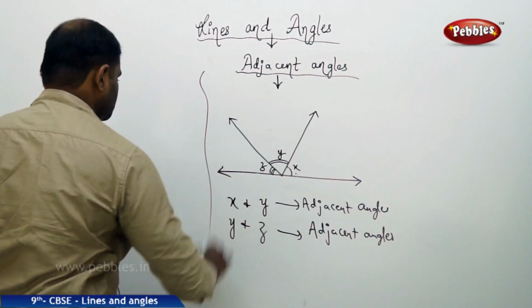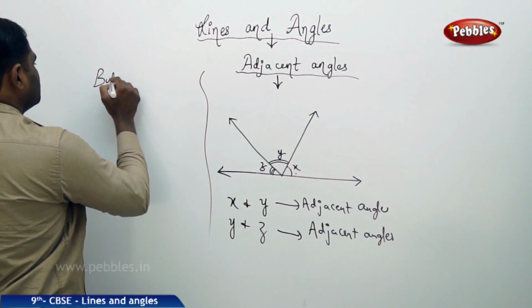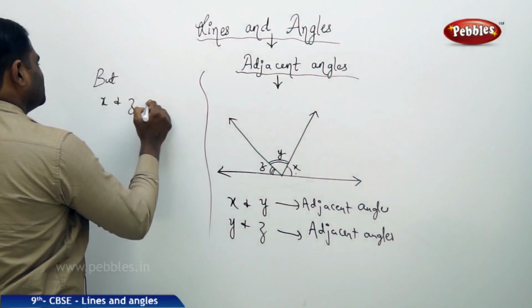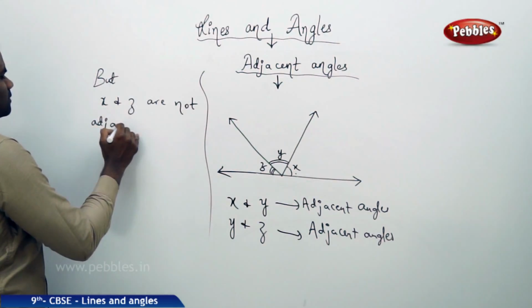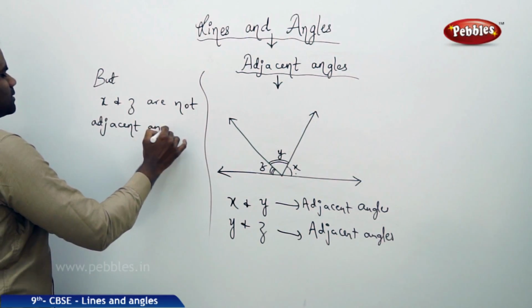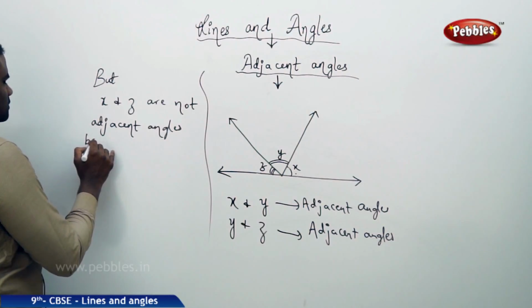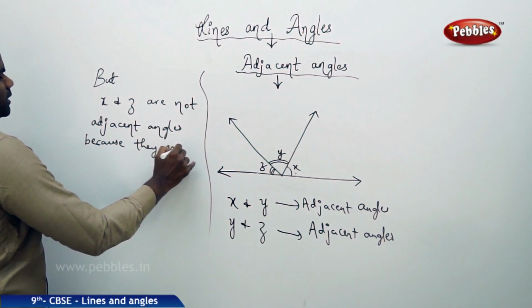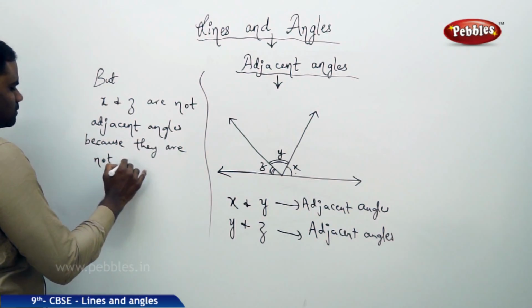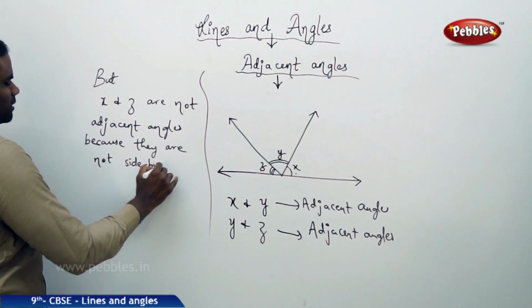Therefore, x and z are not adjacent angles because they are not side by side.